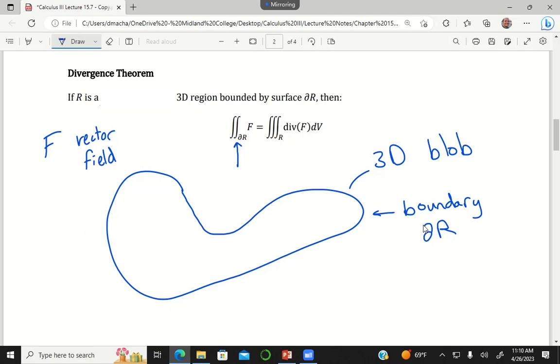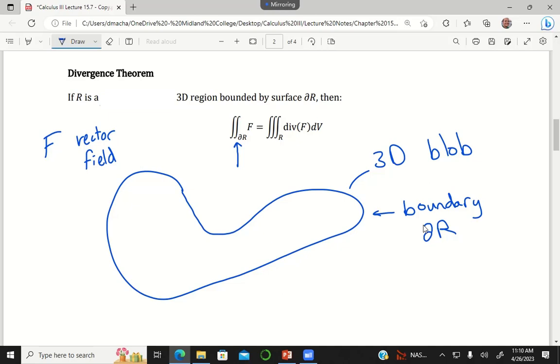So if you can imagine a region in 3D space, and the surface integral of your vector field on the boundary of the region, that's saying how much fluid is flowing out of the surface if that surface integral is positive, or if the surface integral is negative, that's how much fluid is flowing into the surface.